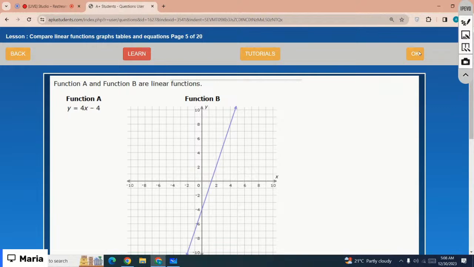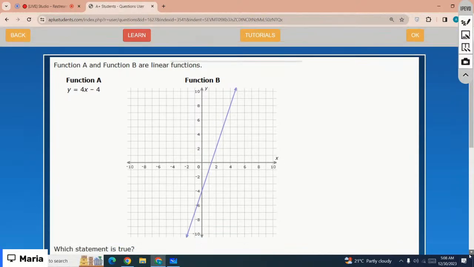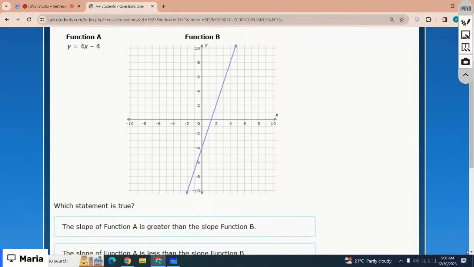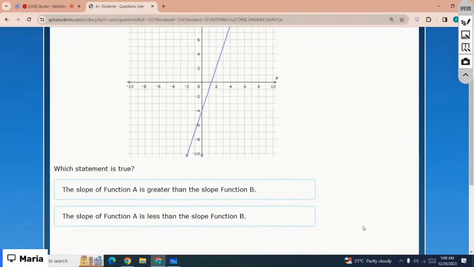The correct option is slope of function A is greater than slope of function B. Option number A is the correct option, right?